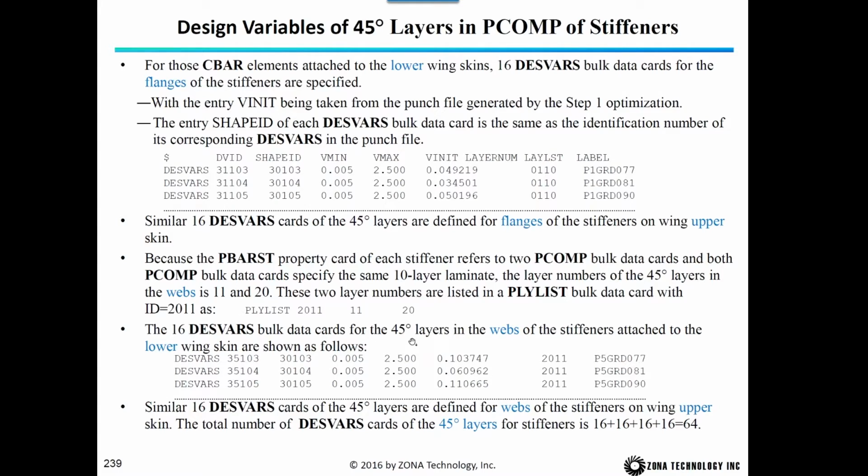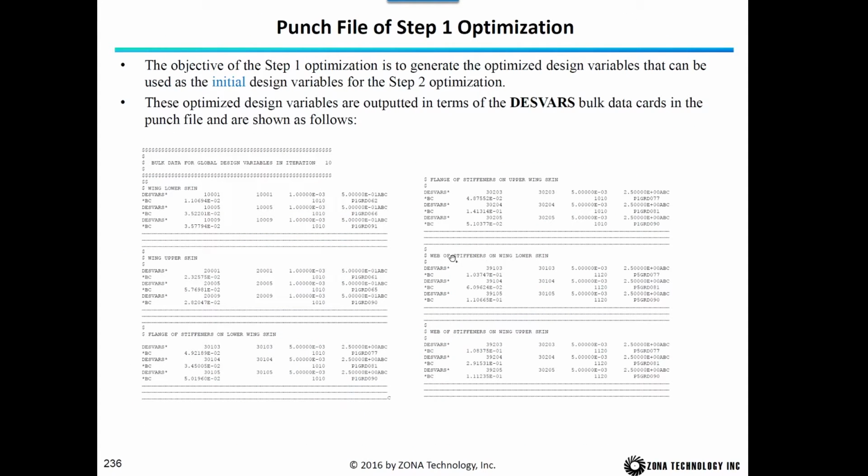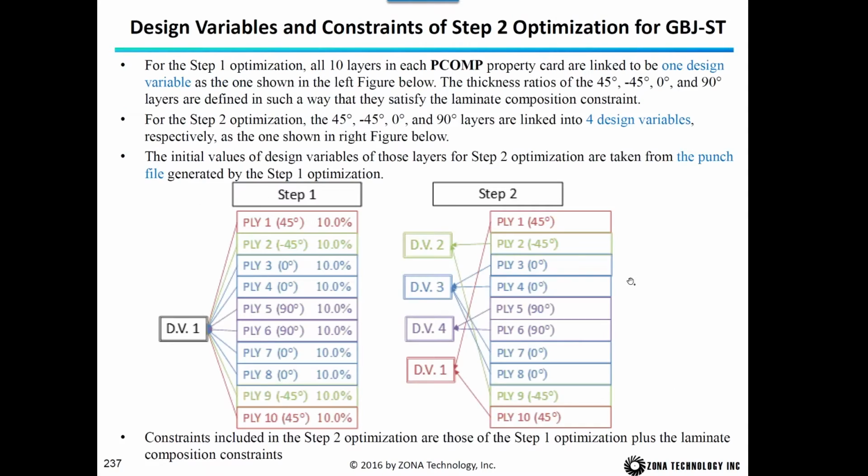These 16 DESVAR cards for the 45 degree layer of the web of the stiffener attached to the wing lower skin are shown here. That's the 45 degree on the wing lower skin web. Okay, let me see.